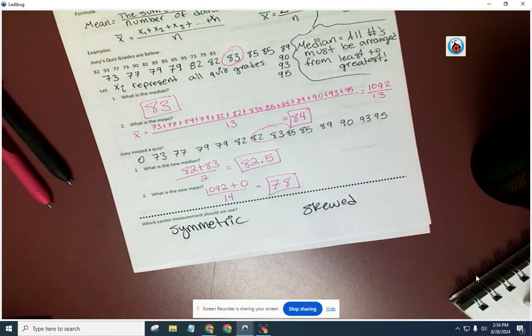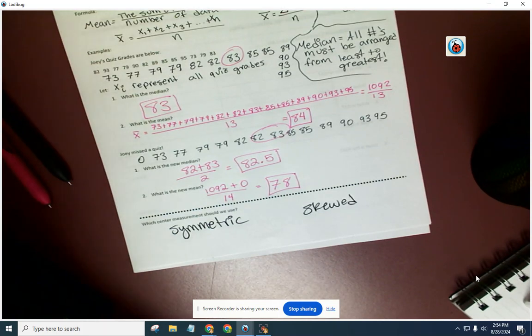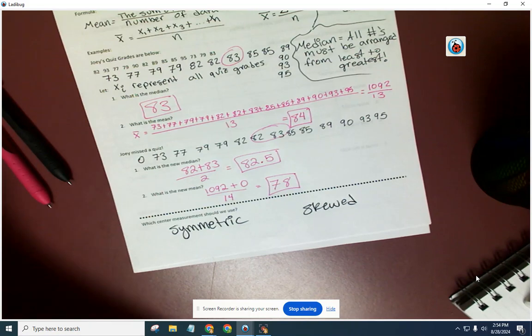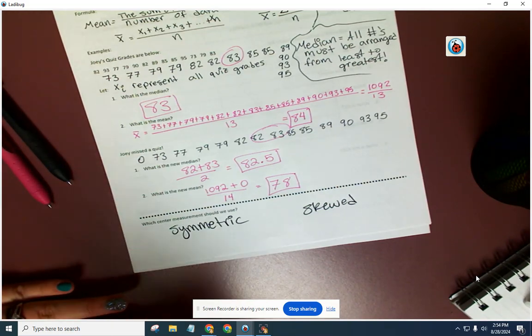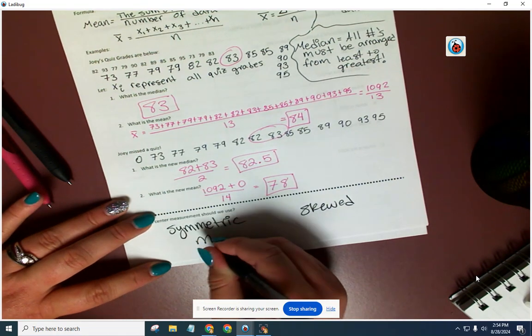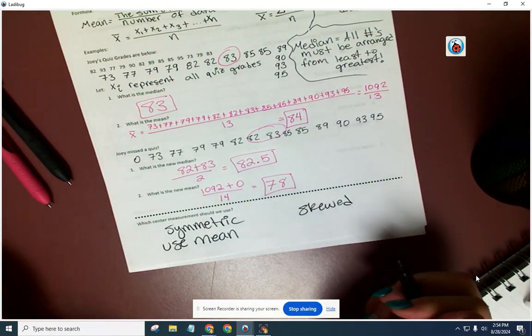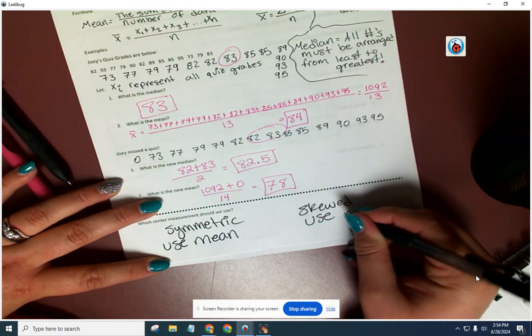If the data is symmetric, or it doesn't have to be perfectly symmetric but about symmetric, then we are going to use the mean. If the data is skewed, we are going to use the median.